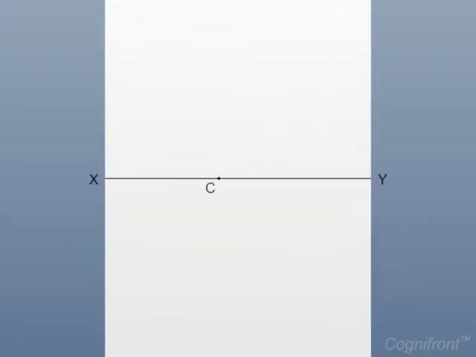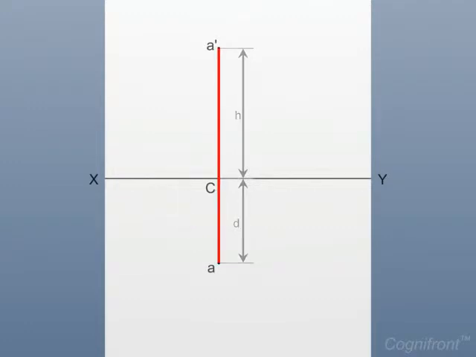Mark a point C anywhere on line XY. From point C, mark a point A dash at a distance of h units above line XY and point A at a distance d units below line XY in line with A dash.